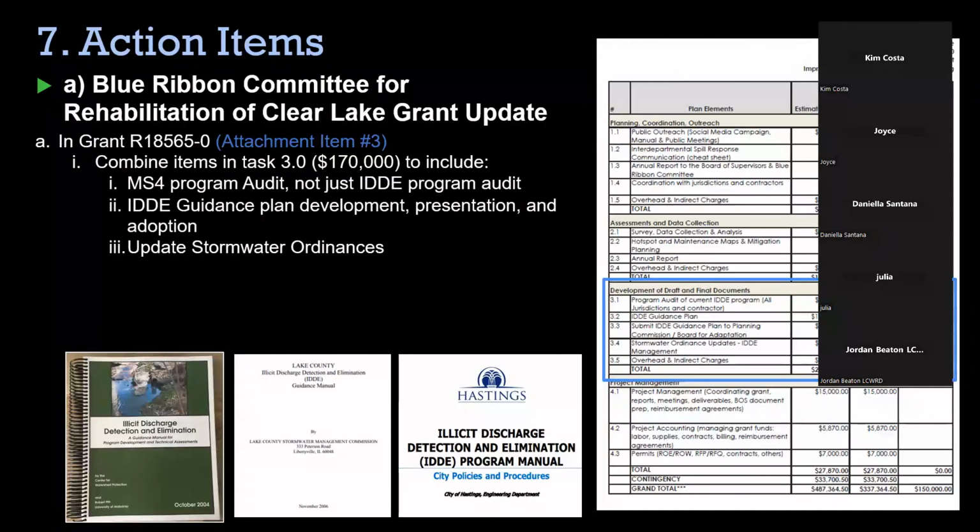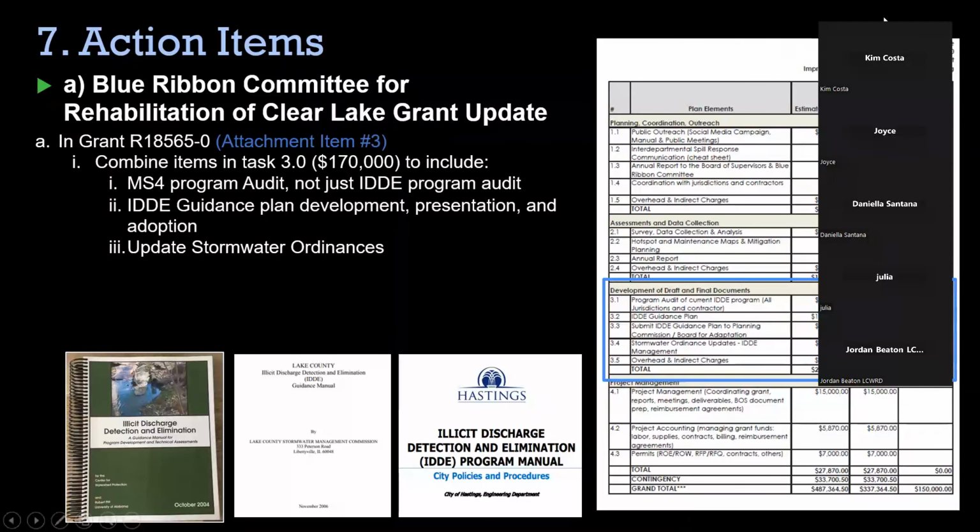So we got about $706,000 from the Blue Ribbon Committee to do a bunch of stormwater, particularly trash and illicit discharge projects. The grant that pertains to illicit discharge, which is the IDDE or illicit discharge detection and elimination program, is grant R18565-0.